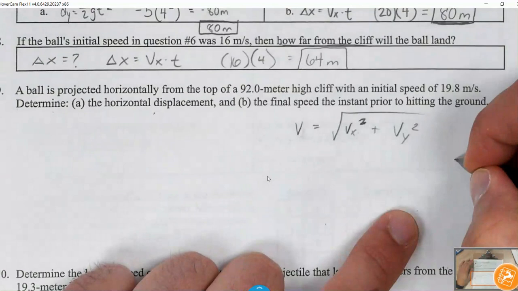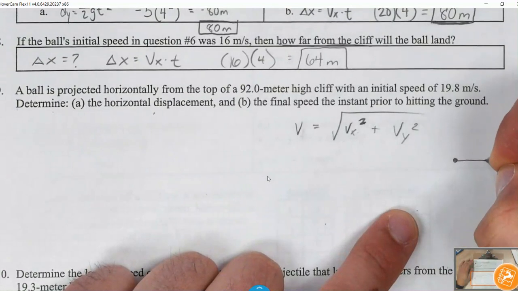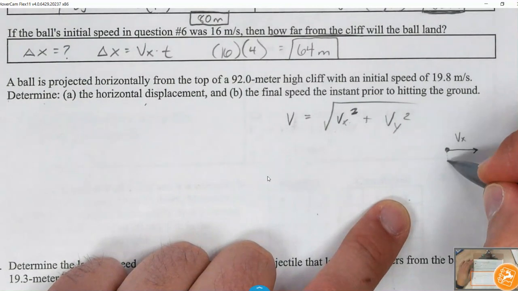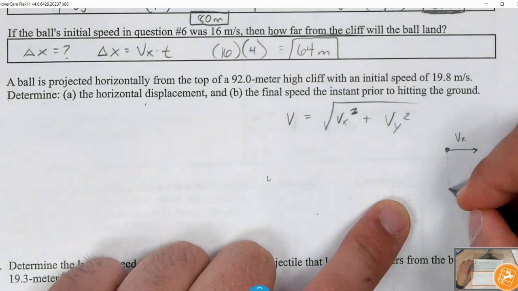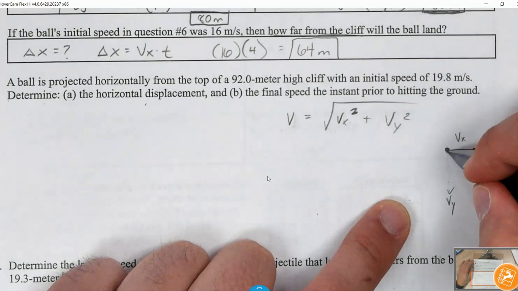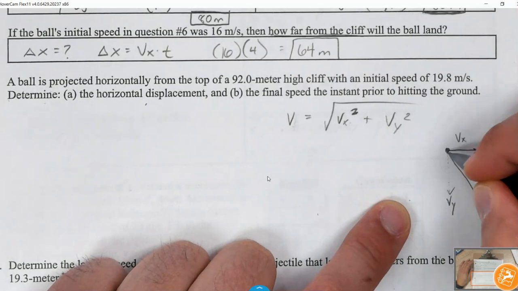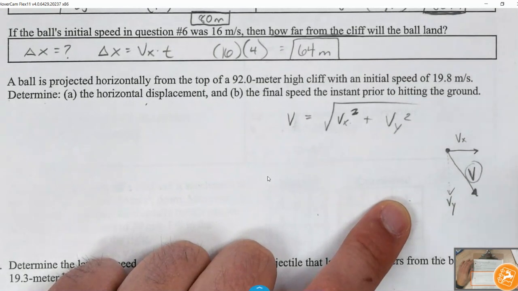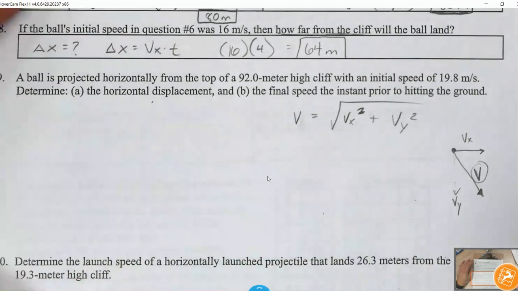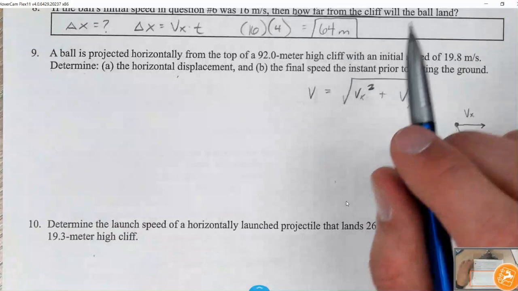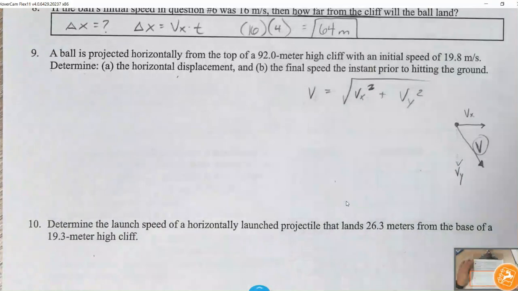Because as the object is striking the ground, part of its speed is Vx and part of its speed is Vy. If you combine these two into a vector, the resultant would be what we're looking for, V. That's why you have to use this equation. I'm not going to make you guys do this all the time. It's just on this assignment, so we're just going to run through it.